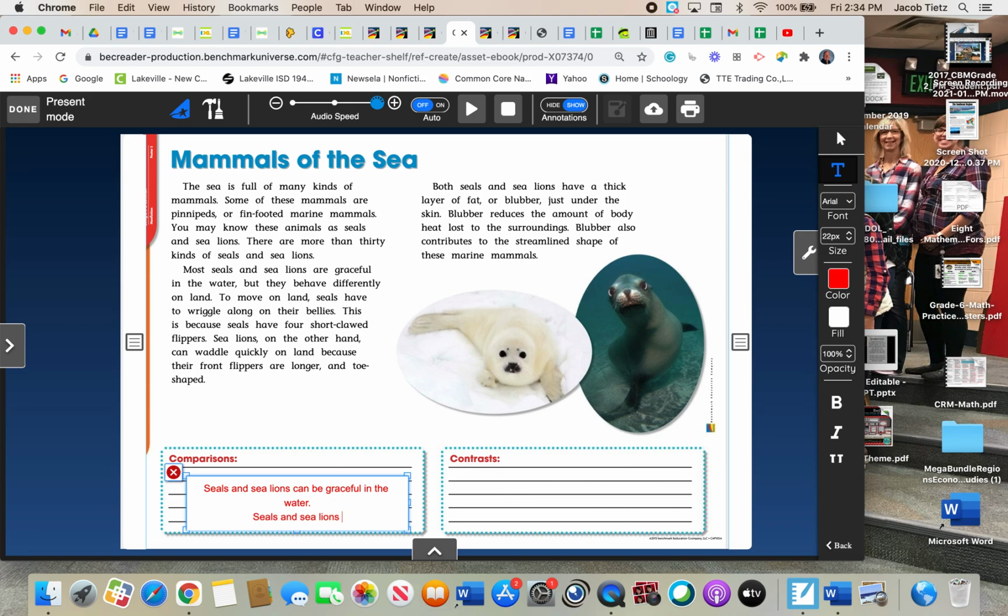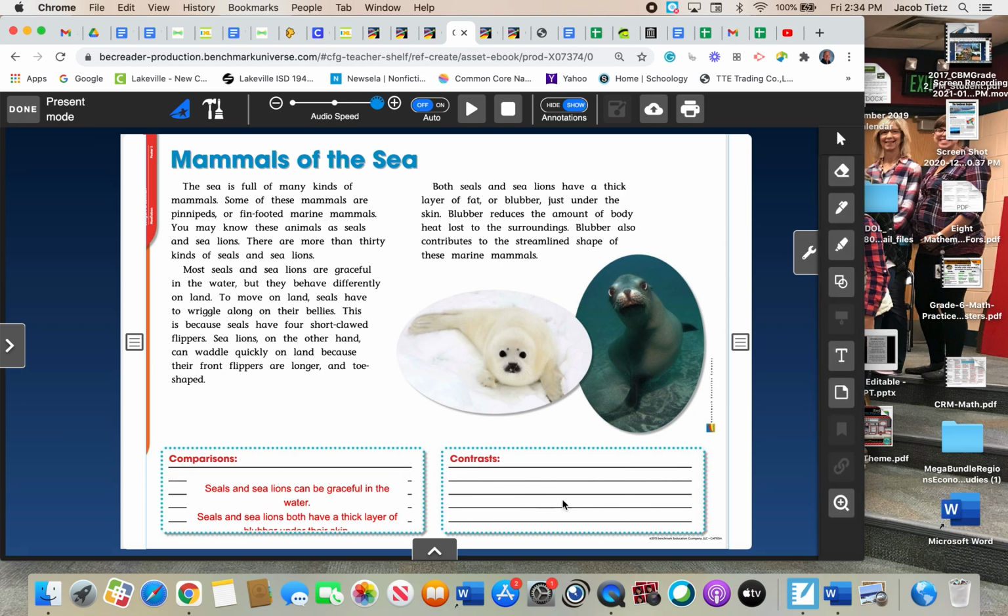As you know, I'm also always writing in complete sentences. Seals and sea lions both have a thick layer of blubber under their skin. And that is two comparisons right there. The words both and most definitely helped us find that.